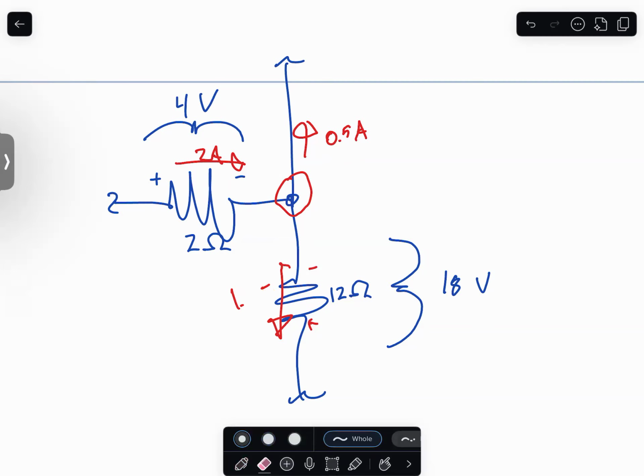I'm going to switch the signs there. Plus on the bottom, minus on the top. Apply a higher voltage to the bottom of the resistor. I zap its bottom. What happens?